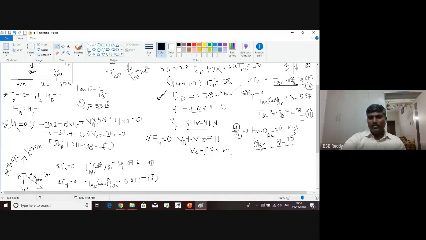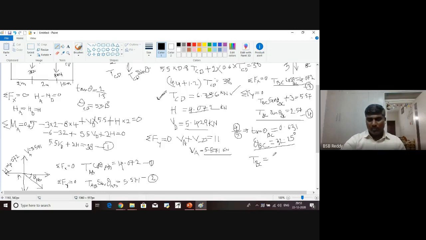Now you substitute this theta in equation 3 or 4. So you get TBC, the tensile force in the middle segment. As I substitute in 3, that is 4.072 divided by cos theta BC, so cos 32.25 degrees.